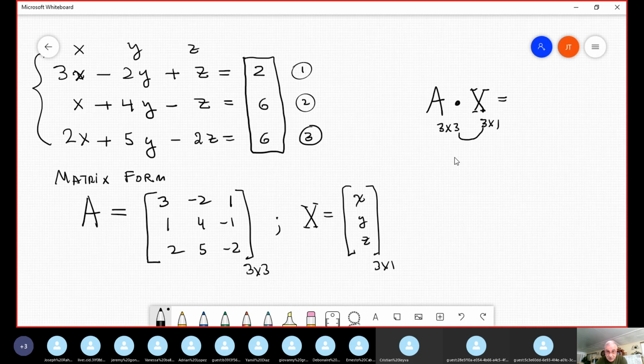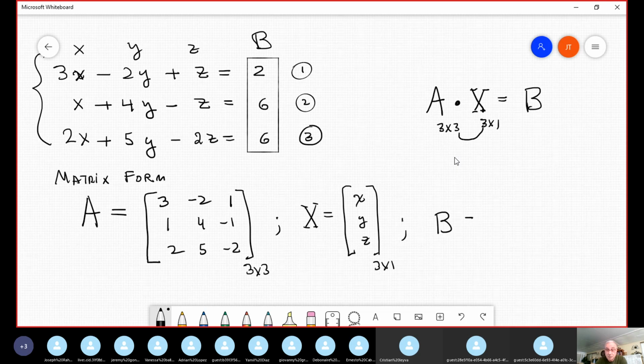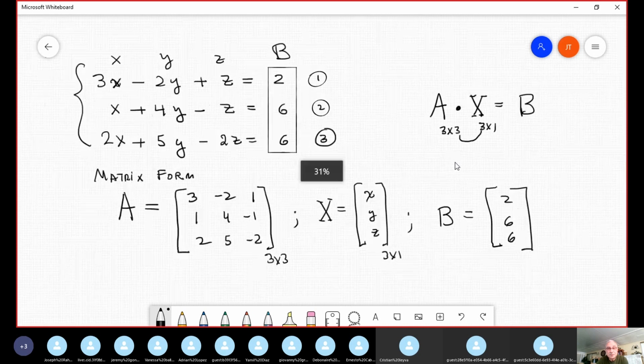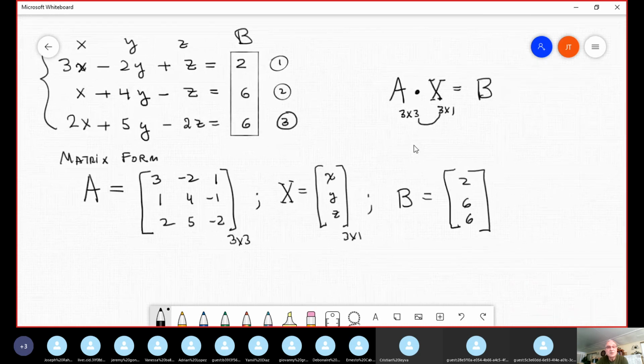Absolutely, this piece I want to call B. The B matrix is the column vector, 6, 6, 6, which is the right-hand side. Okay, so I immediately convert this system.